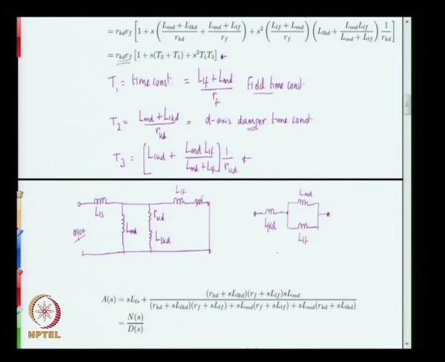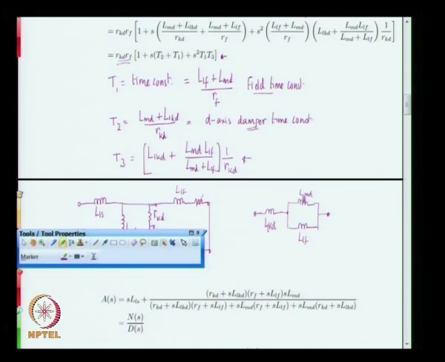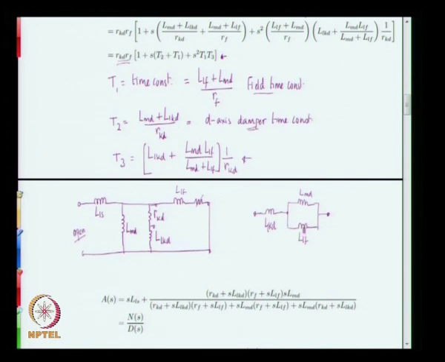This inductance is connected across the terminals of RKD, and the value of this inductance is nothing but the parallel combination of LMD and LLF, which is LMD LLF by LMD plus LLF, this whole thing occurring in series with LLKD.